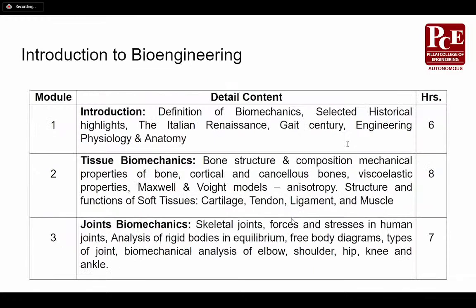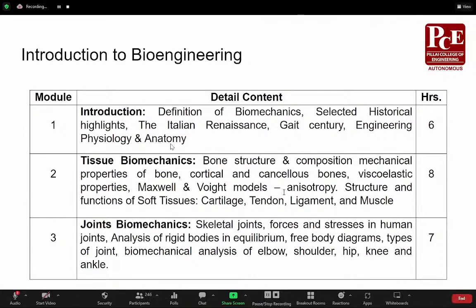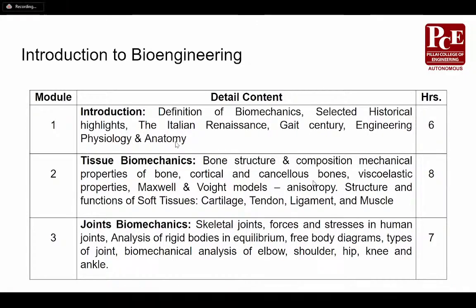Coming to the content of this introduction to bioengineering, as I told you, the first module will consist of the basic mechanics which is related to a human body. Then it may happen that you will be learning about the gait, the engineering, psychology, and the anatomy of humans.